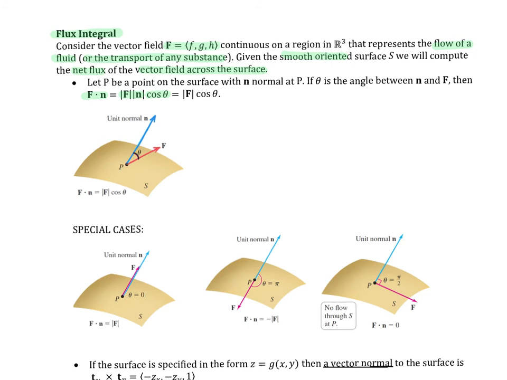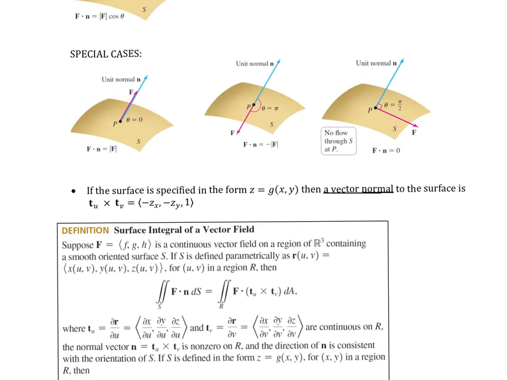Now we're going to be looking at unit normal vectors. So if it's a unit normal vector, then the magnitude of n is simply 1, and this becomes the magnitude of F times cosine of theta. So now our special cases, and this should all look familiar to you. In the event that a vector from our vector field and our normal vector are going in the same direction, that means theta is equal to 0.